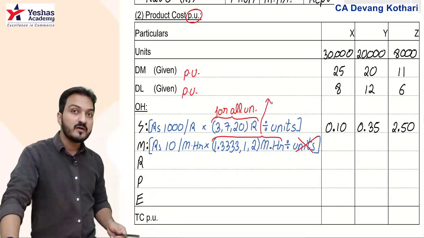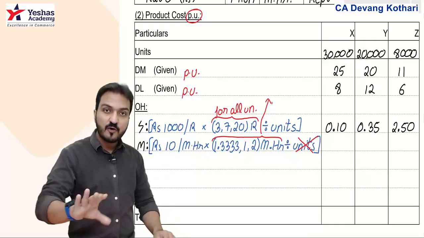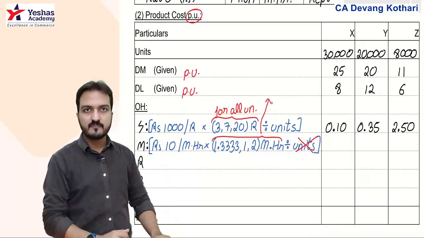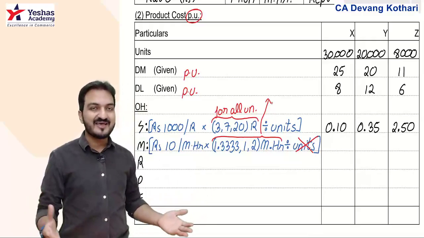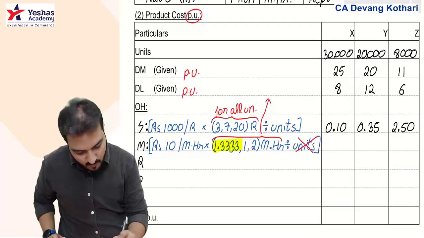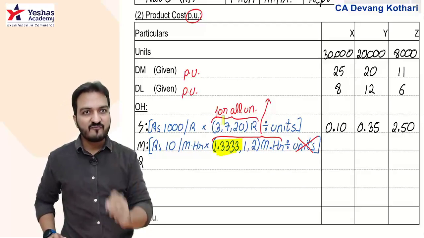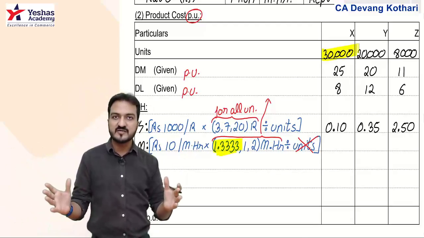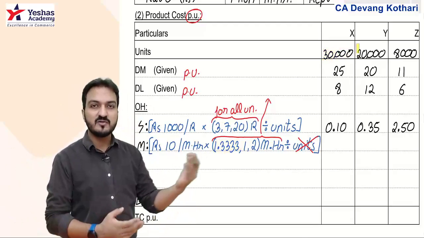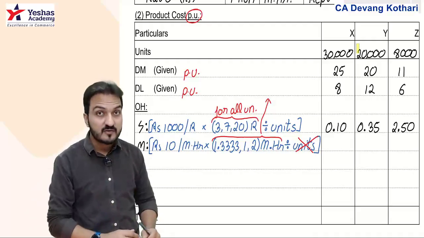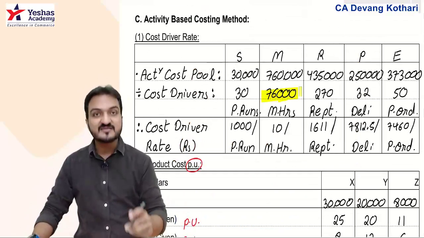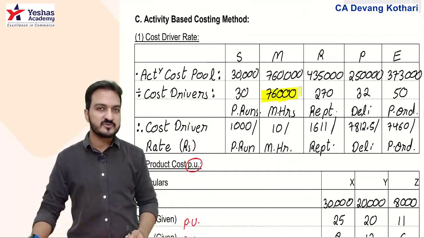1.33, 1 and 2, is that machine hours for all units of XYZ or is that machine hours for 1 unit? Naturally, you will not say that in 1.33 hours, do you think that in 1.33 hours you have produced all 30,000 units of X? Not possible. In fact, if you produce all 30,000 X in just 1.33 hours, then how come your total hours is 76,000? Not possible.